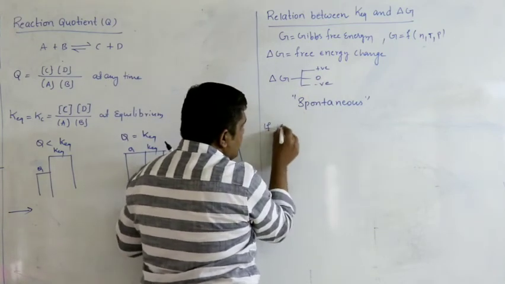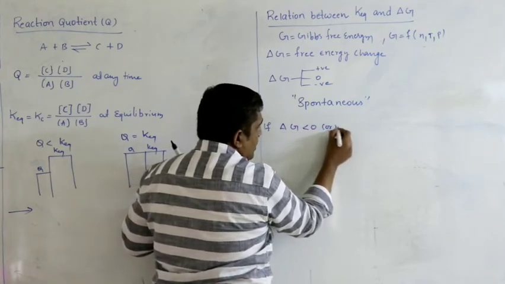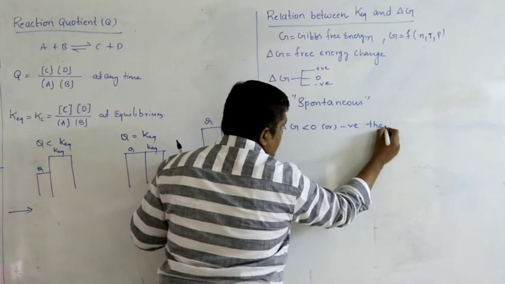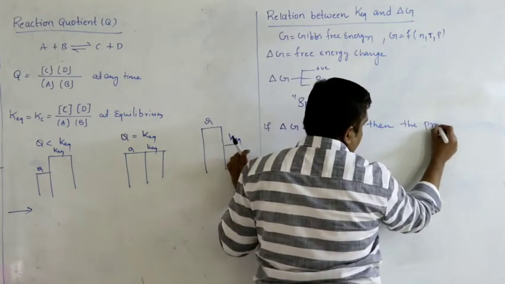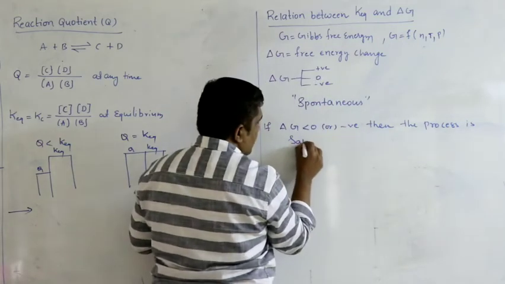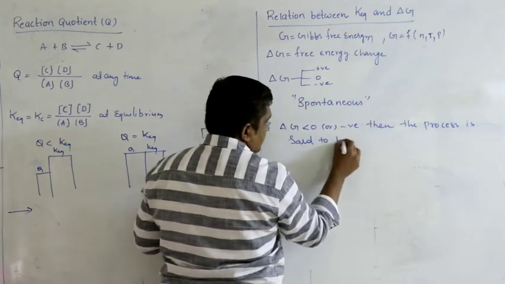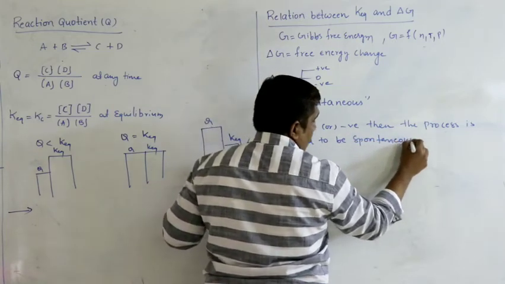If delta G is less than 0, or negative, then the process is said to be spontaneous. Now, what is our process?